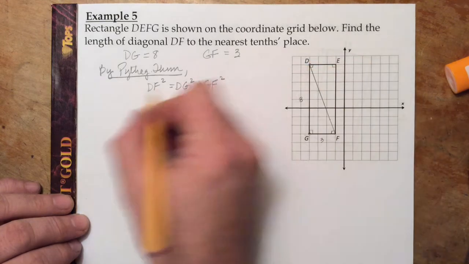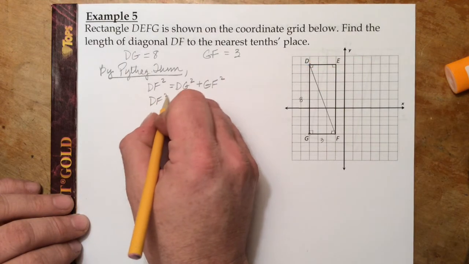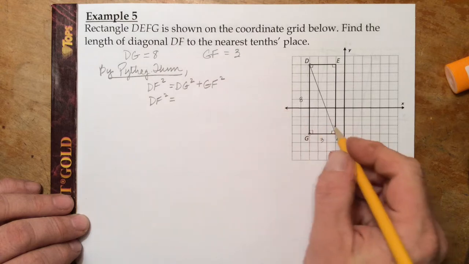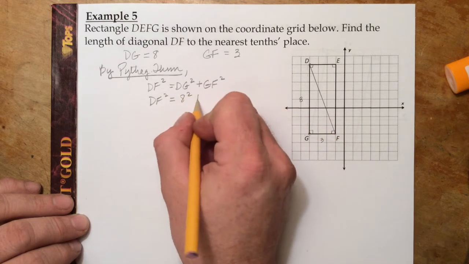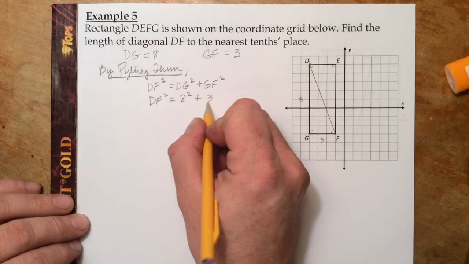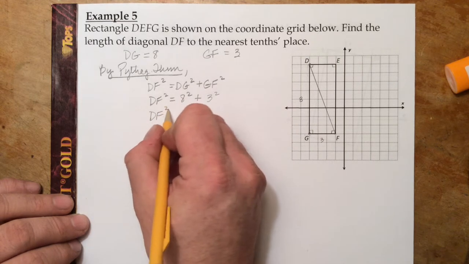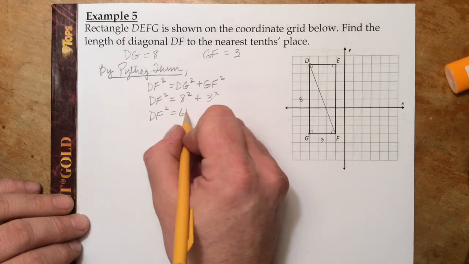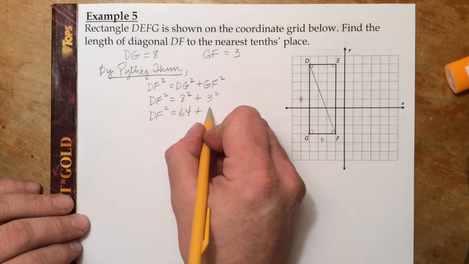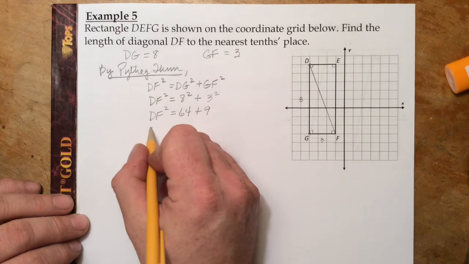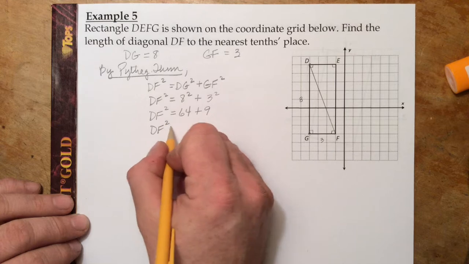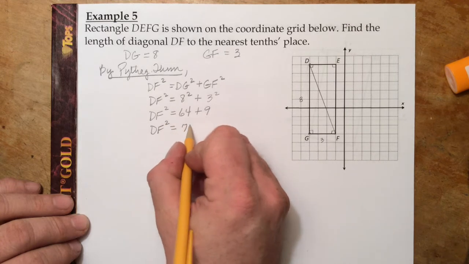DF is what we're looking for, so DF squared is equal to DG, which is 8 squared, plus GF, which is 3 squared. So now we have DF squared is equal to 8 squared, or 64, plus 3 squared, or 9, and we get DF squared is equal to 73.